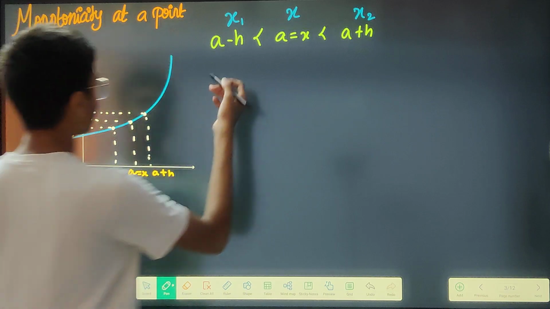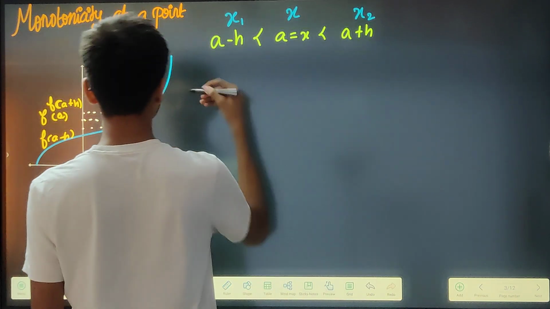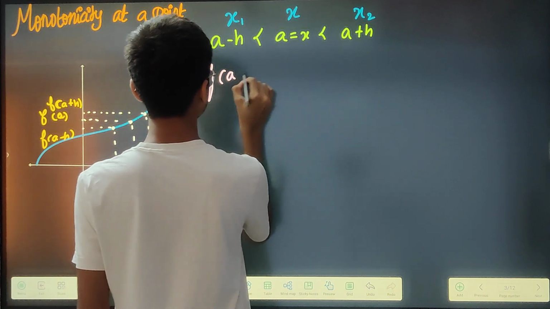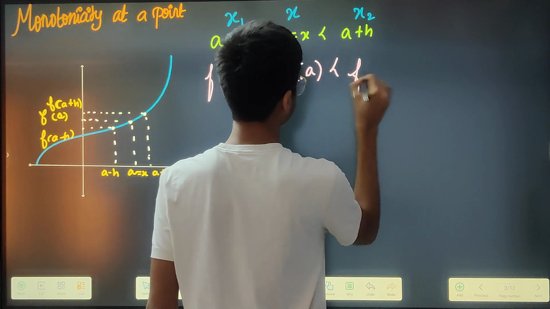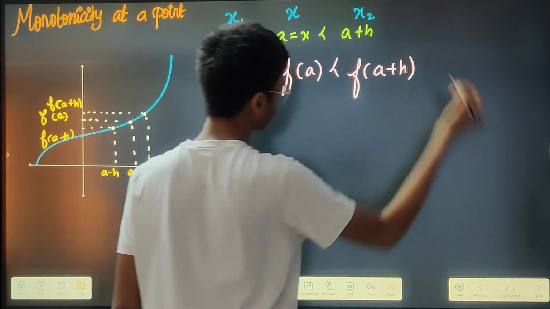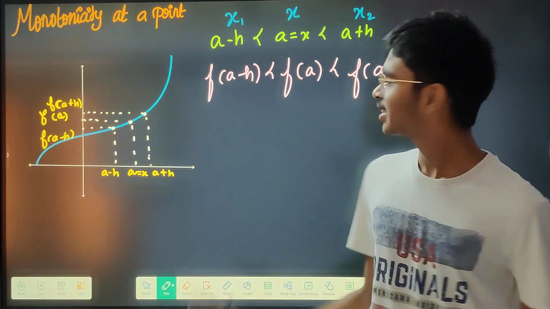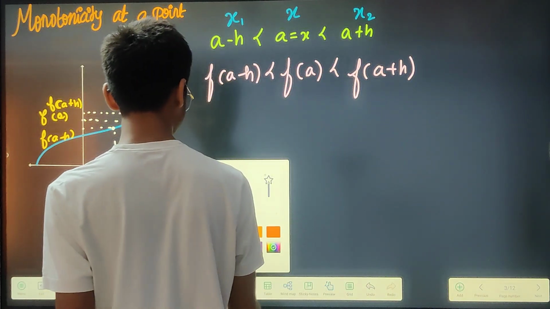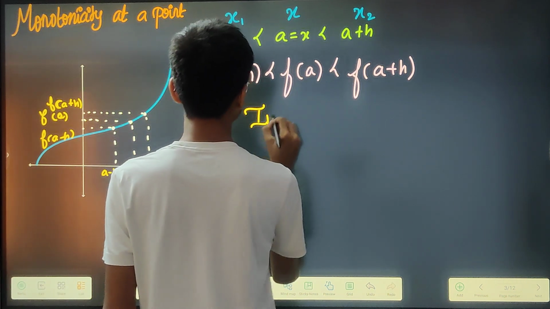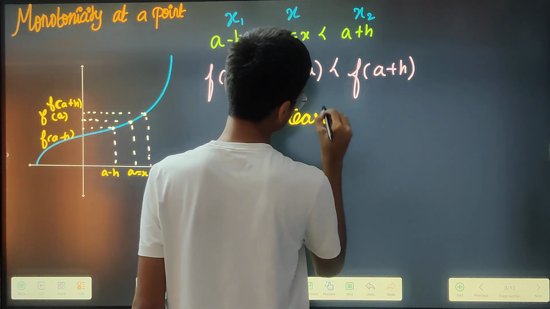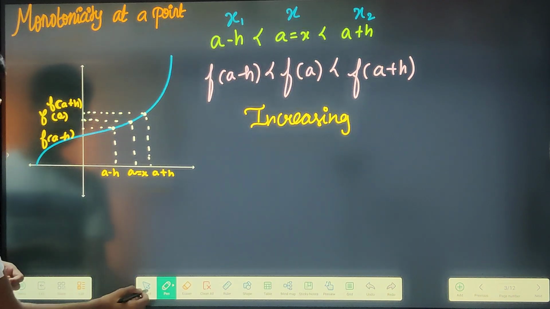When this condition is there, then automatically f of a minus h should be less than f of a, which should be less than f of a plus h. If this condition is satisfied, then we can say that the function is increasing. Sorry, not decreasing, it is increasing.